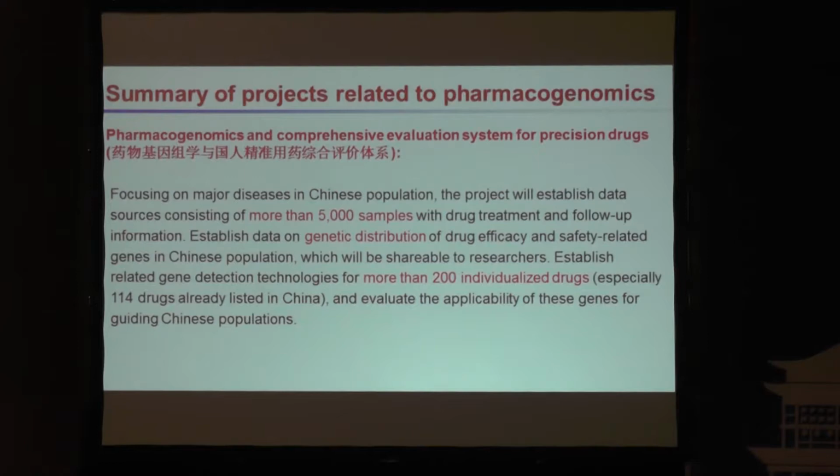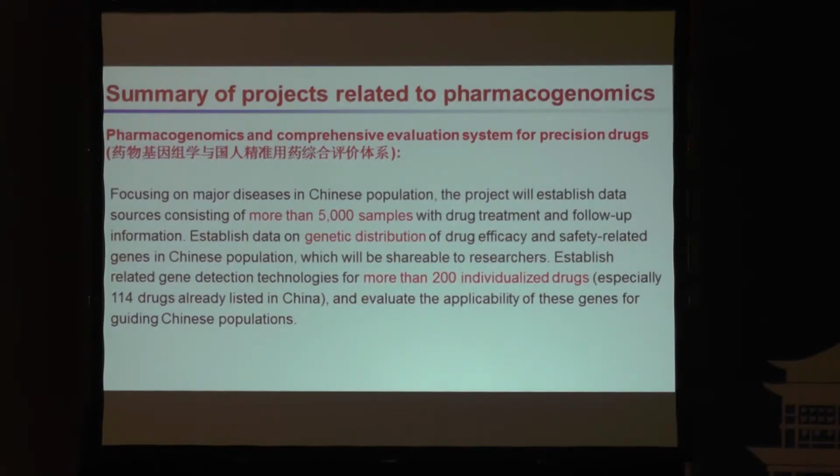The first project is named Pharmacogenomics and Comprehensive Evaluation System for Precision Drugs. This project will establish data sources for more than 5,000 samples with drug treatment and follow-up information. This project will also establish data on genetic distribution of efficacy and safety-related genes.